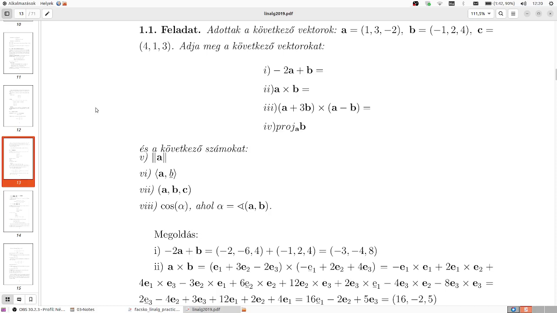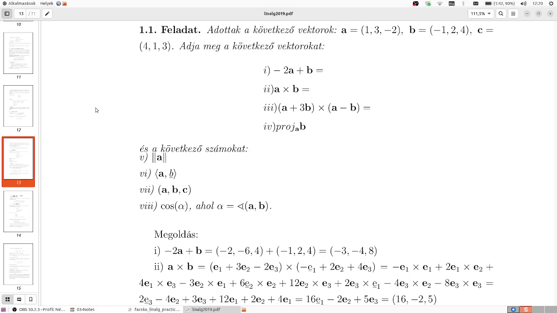There are three vectors, A, B and C, and we have to calculate the following vectors. We had done the first, the fourth, the fifth, the sixth, and also the eighth. So we will do the rest of it, and it will take time.